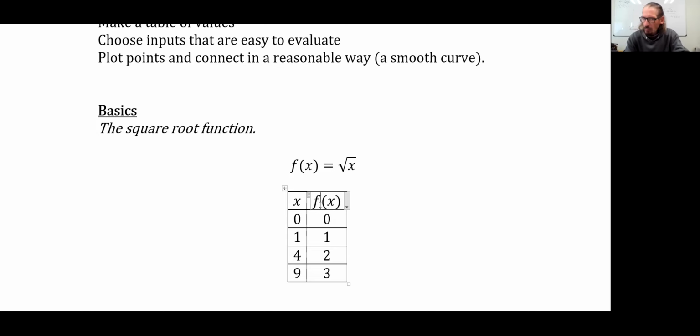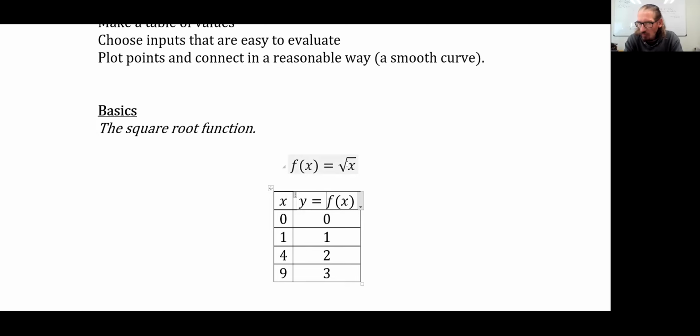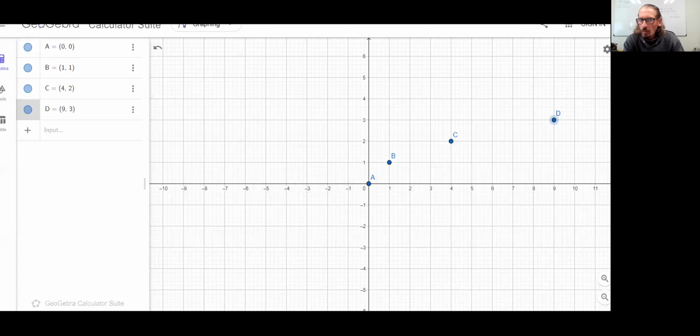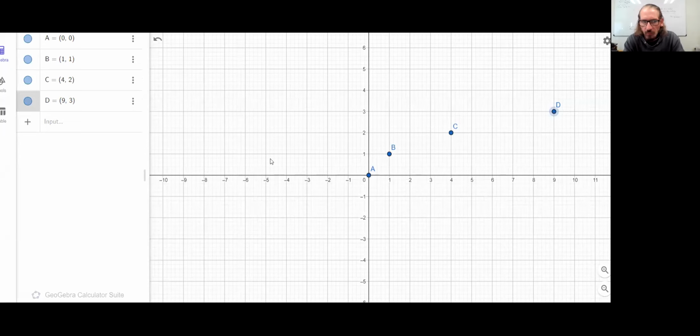And don't forget, 0 squared is 0, so the square root of 0 is 0, working backwards. So I'm going to plot those 4 points and connect. Here are those 4 points graphed. And in just a moment, we're going to see them connected.